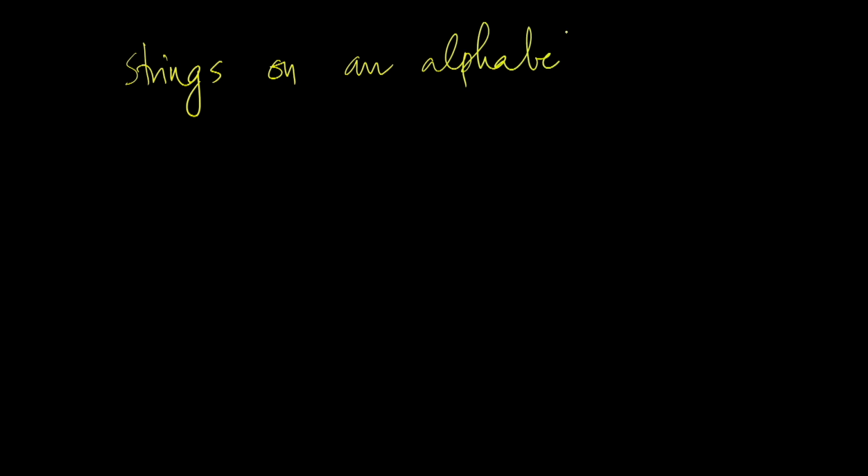And then we can consider strings in general. We can consider an alphabet sigma, and we can talk about all strings from alphabet sigma, which is denoted by sigma star. This is the Kleene closure of sigma.